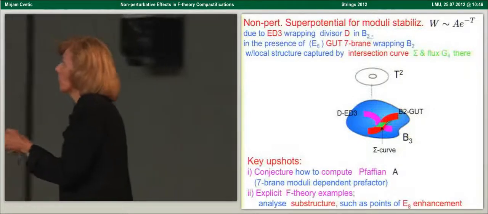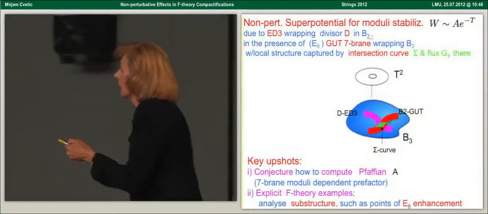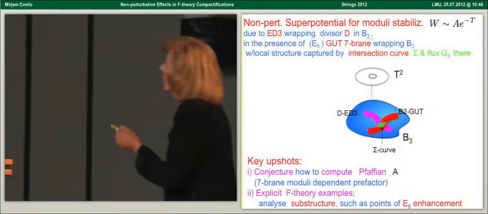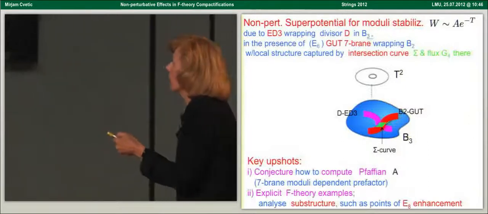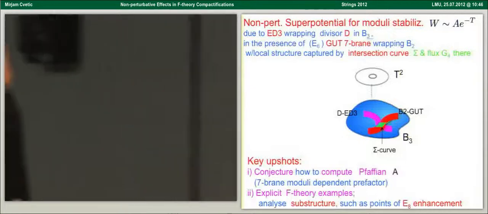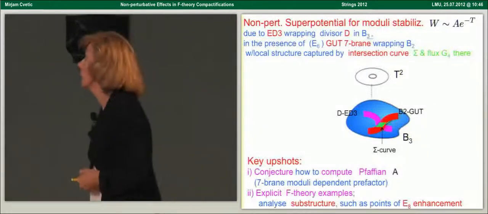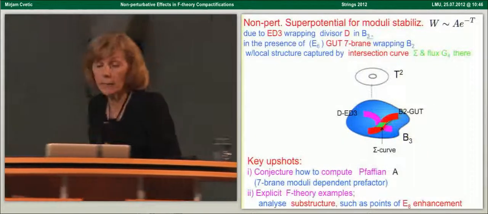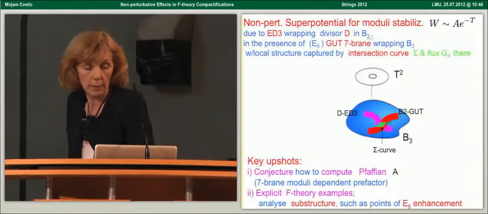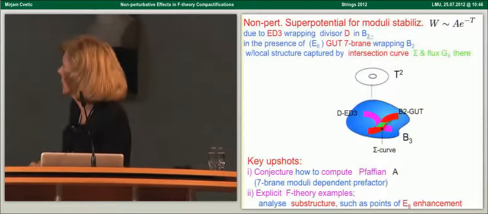With this proposal, one can do concrete F-theory calculations, leading to a specific dependence of these prefactors on the 7-brane moduli restricted to this intersection on the curve sigma. We can analyze the substructure of such Pfaffians, including points of higher enhancement, like E8 enhancement curves on the worldvolume of the instanton. So those are the key things that we address and propose.